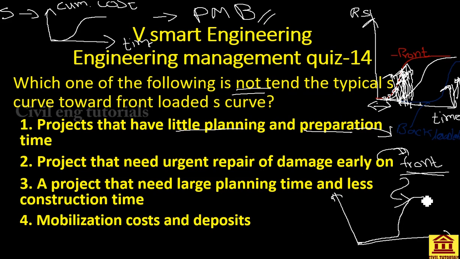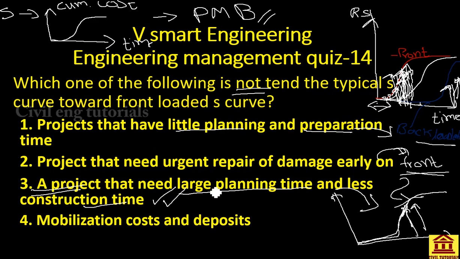So this is called a back-loaded curve. The S goes towards the back-loaded curve position. So the third instance does not tend to the front-loaded curve. Your answer will be the third one, a project that needs large planning time and less construction time.